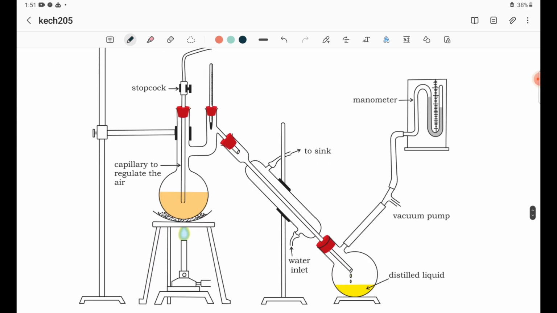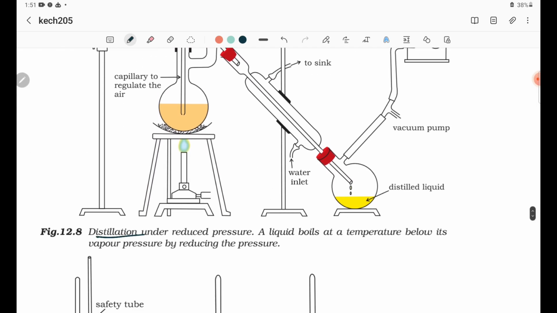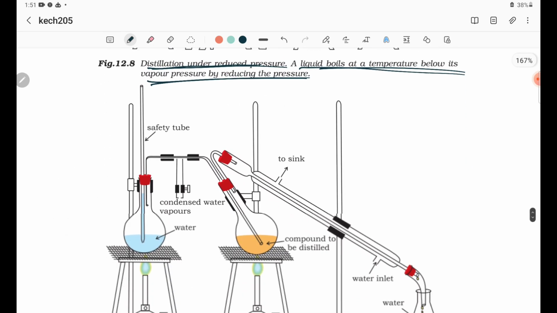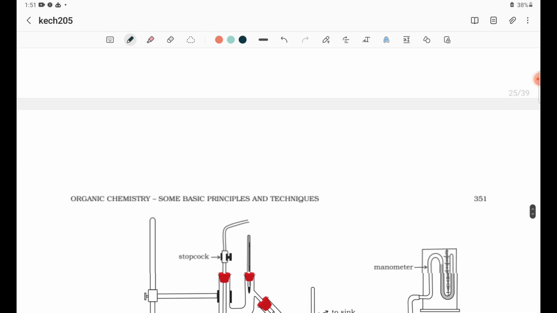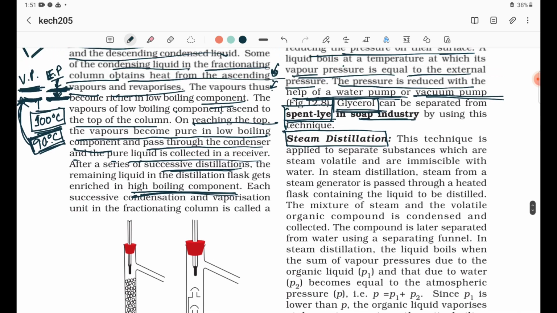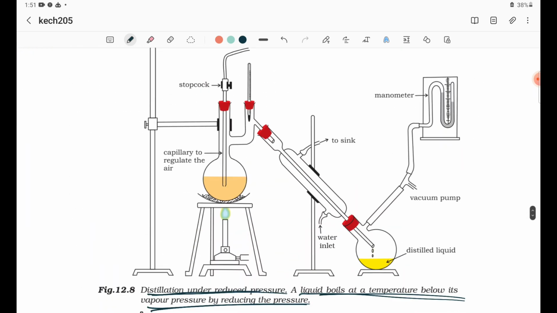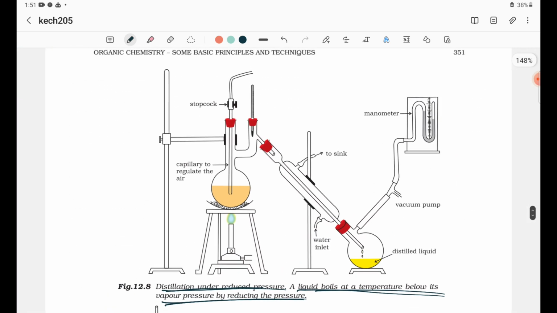Now see, this is the setup. What setup? Distillation under reduced pressure setup. The liquid will boil at a temperature below its normal boiling point. How are we attaining this? What we have discussed just now, distillation under reduced pressure. Now let me show you this. Here there is the liquid, here there is the capillary tube, and here there is a stopcock.